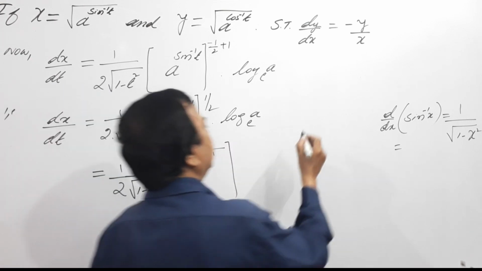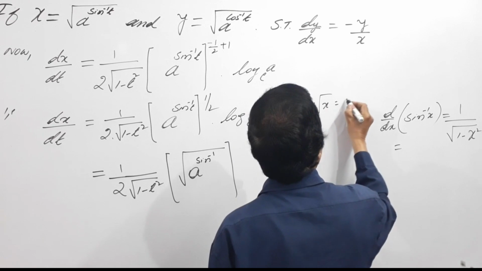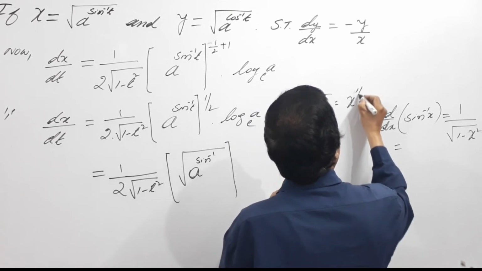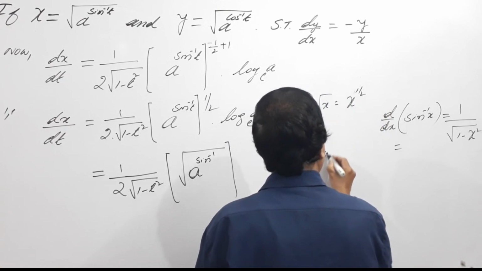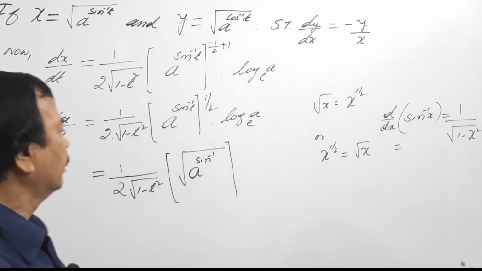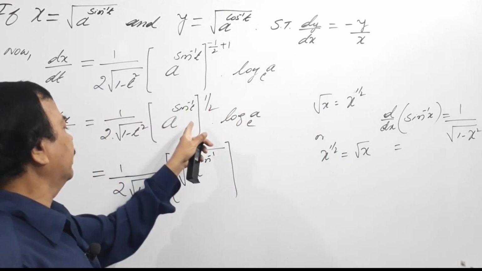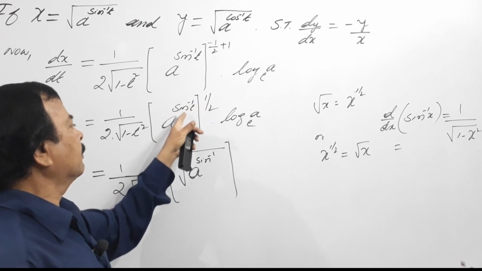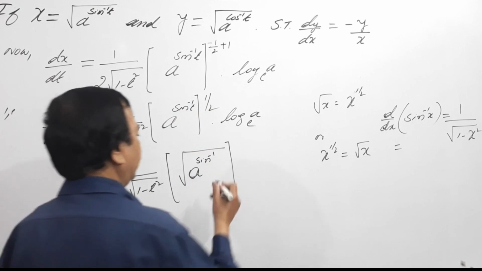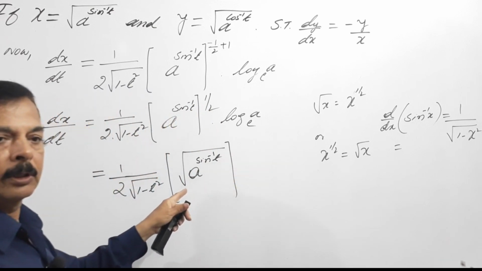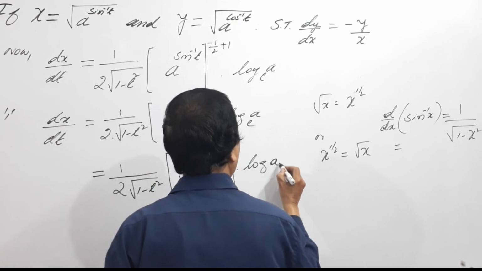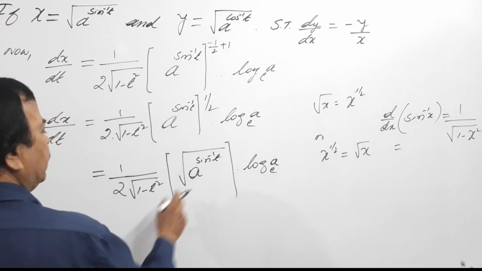So I have taken this root x equals to x to the power of half, or x to the power of half can be written as root x, right? So here we have a to the power of sin inverse t to the power of half. I can write this as a to the power of sin inverse t within root, then into log A to base C.